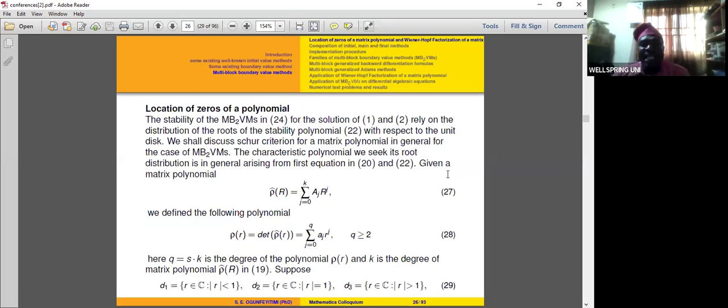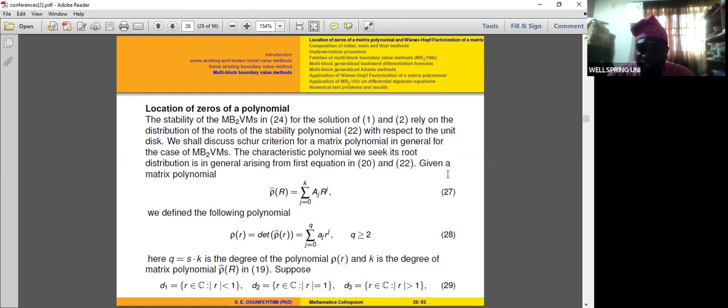So the next stage is to talk about the locations of zeros of a polynomial. Here we tell how the root distribution is gotten. Firstly, the characteristic polynomial we seek, its root distribution, is given from equations 20 and 22. That is to say, suppose we have a matrix polynomial given in equation 27.